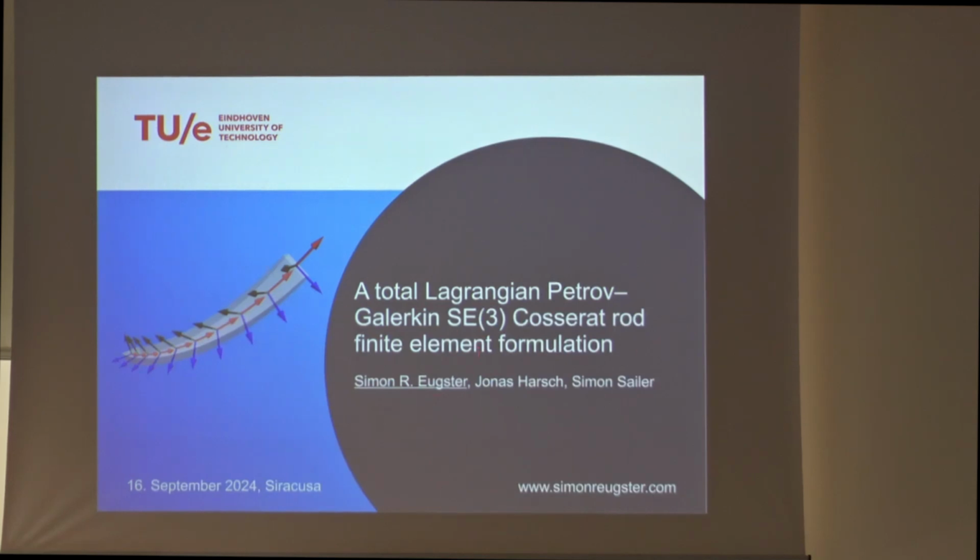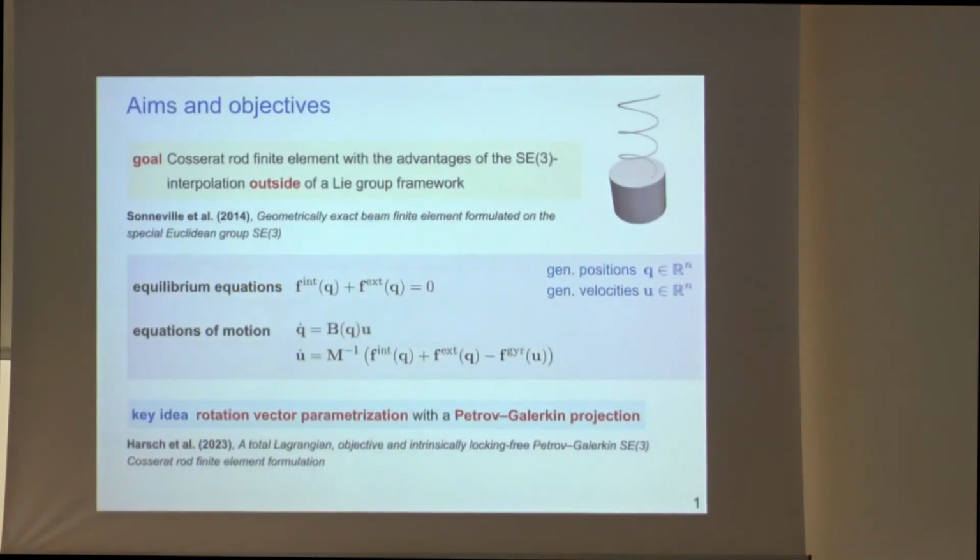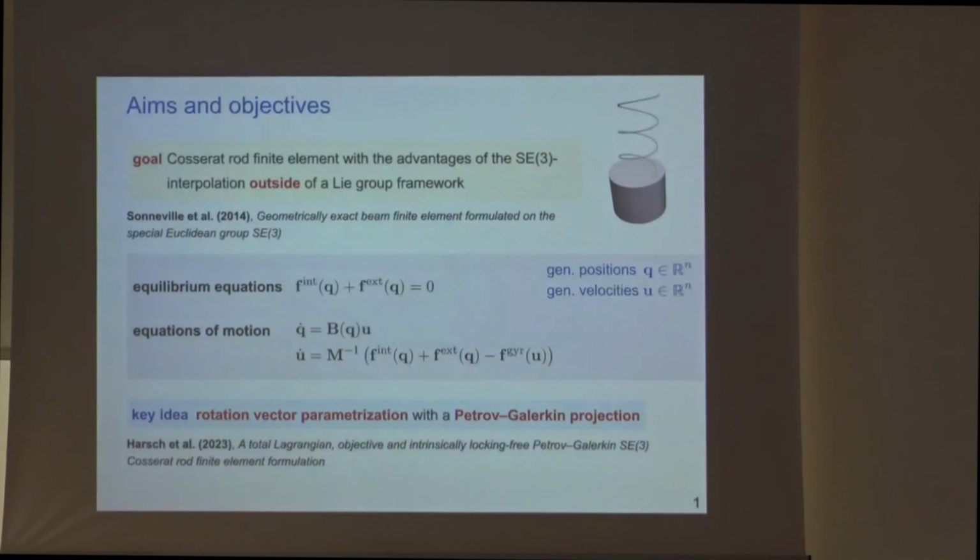So I will present the work on a total Lagrangian Petrov-Galerkin Cosserat finite element formulation, and we were actually inspired by a paper of Sonneville and co-workers who formulated Cosserat theory exclusively in an SE3 framework.